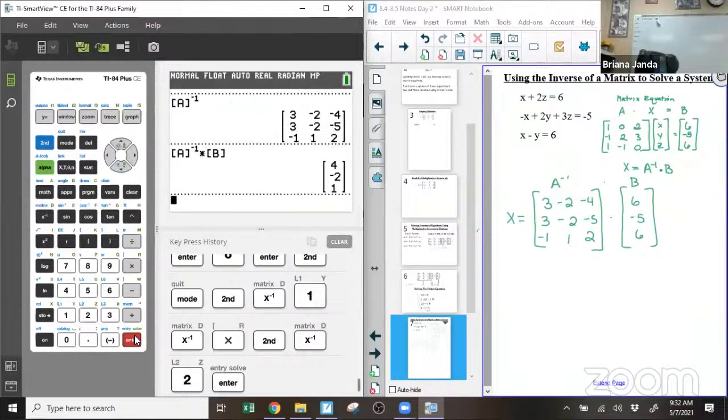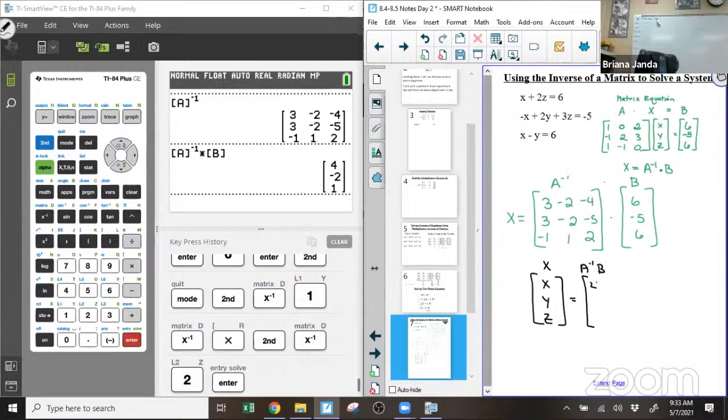And our answer, that matrix X, which is X, Y, and Z, equals, this is our inverse of A times B, 4, -2, 1. Can you see your answers now to that system? X is 4, Y is -2, Z is 1. Questions? Yes.